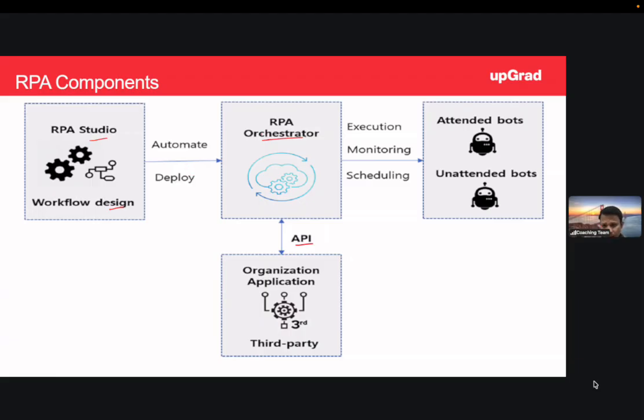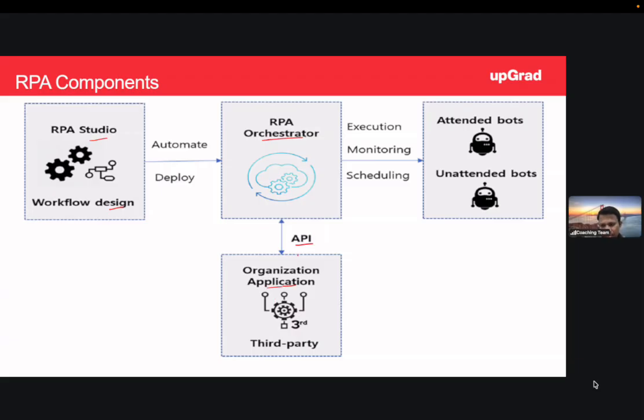Now, in what all cases I may need an orchestrator? When say I have multiple bots taking care of multiple automation activities. Now, because I have an orchestrator, I have the option of adding third party applications also as an API.